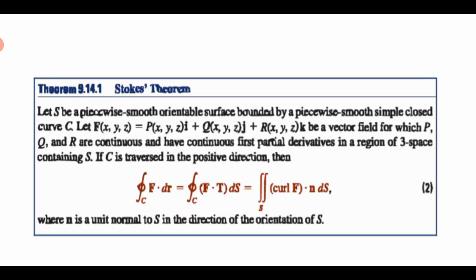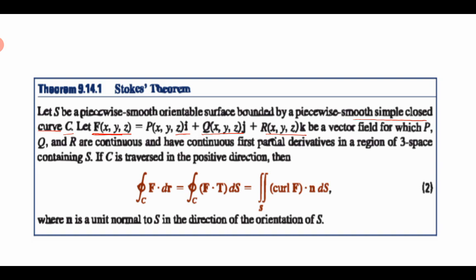That is Stokes theorem. Let S be a piecewise smooth orientable surface bounded by a piecewise smooth simple closed curve C, and F is a function of three variables, which is P i, Q j, R k. Each and every component is a function of three variables.